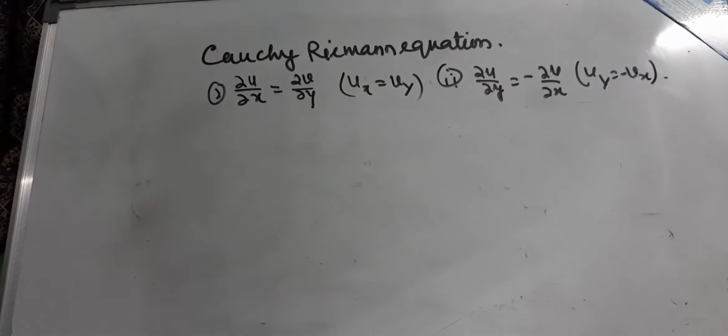Partial derivative with respect to y equal to negative of the partial derivative of v with respect to x. So what is the necessary condition?